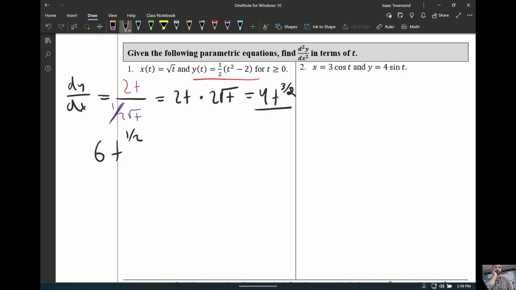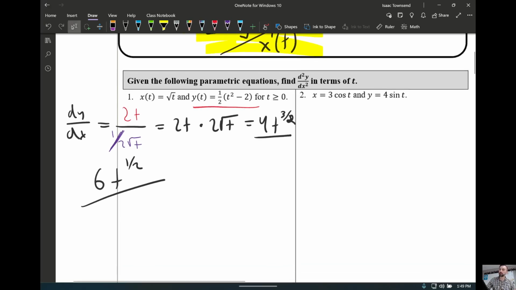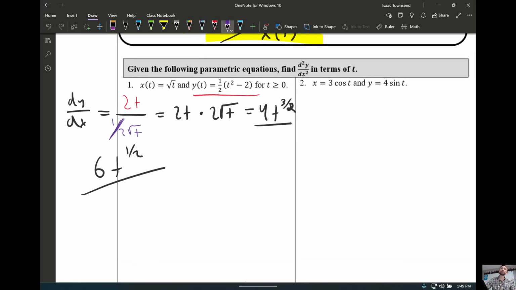So power rule, bring the power down, lower the power by 1. And we need to divide by x prime of t, which, if you're paying attention, you should have that from dy dx, unless they give that to you. You don't have to do that 2 times. And then to simplify, dividing by this is the same thing as multiplying by the reciprocal.